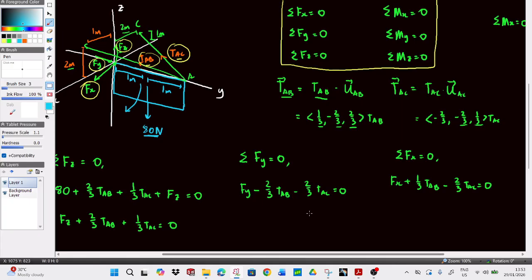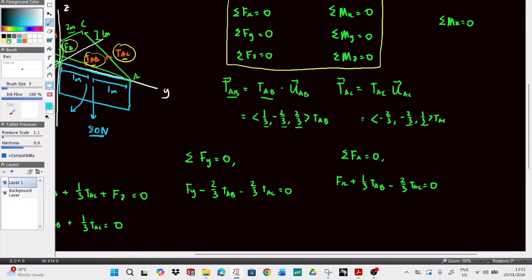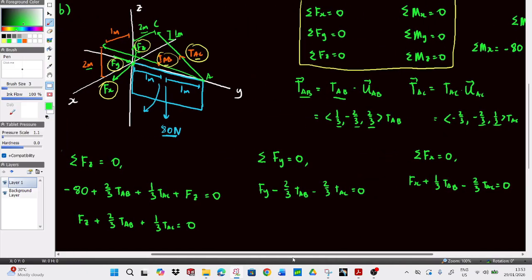Let me just figure this out. The summation of Mx is just equal to negative 80 times y. Because we're starting from this point, Fx, Fy, and Fz will not have any moment, but TAB and TAC will have moment.